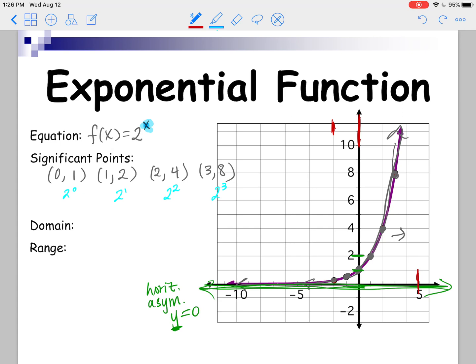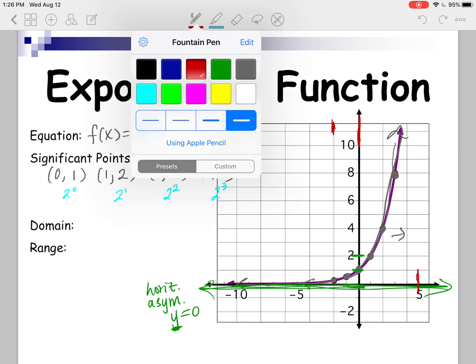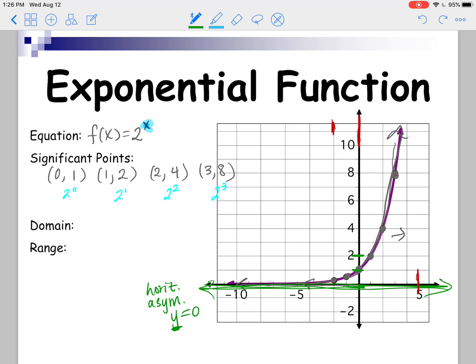And so we have a horizontal asymptote at y equals 0. And so for our range, it's going to be very similar to what we had on the last slide. All real numbers except, oh, actually, that is not true. If we look at this function, it never goes below 0.